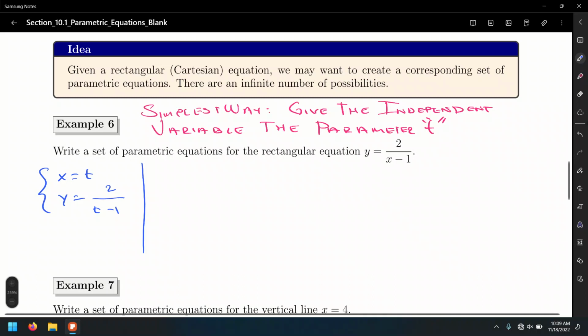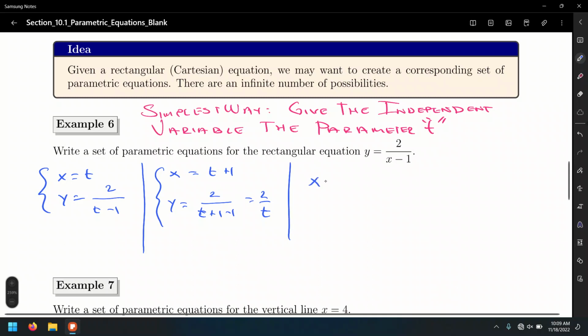For example, this is one of the easiest ways. Another way to do this is x equals t plus 1. That's another way to parameterize, and y is going to be 2 over t plus 1 minus 1, which is 2 over t. There's another way to do this.